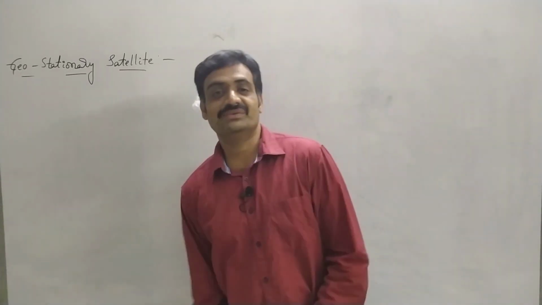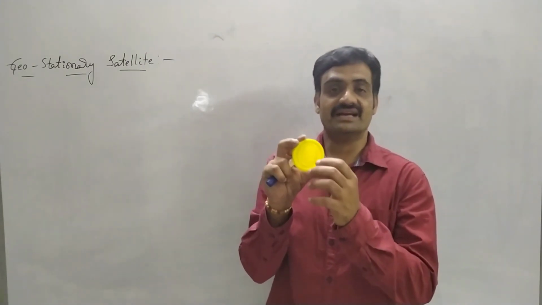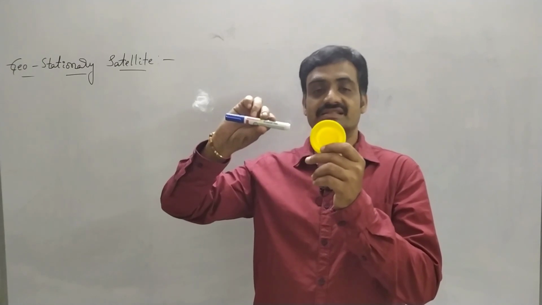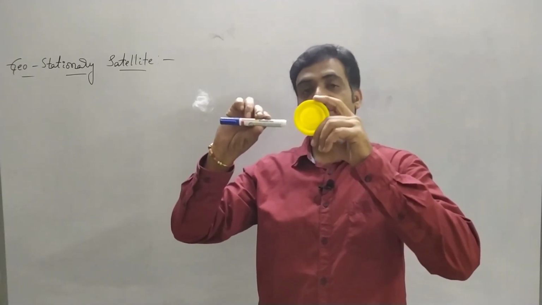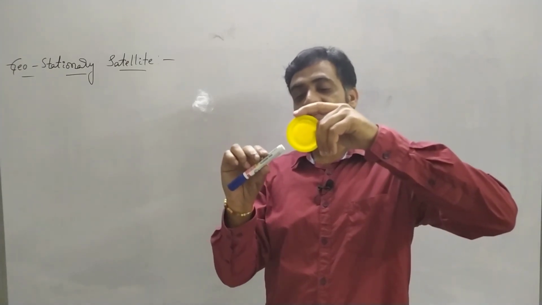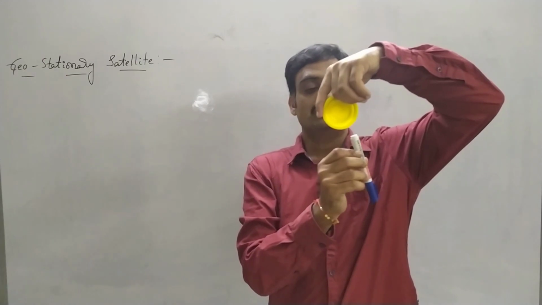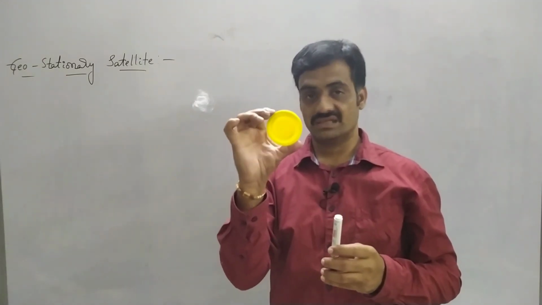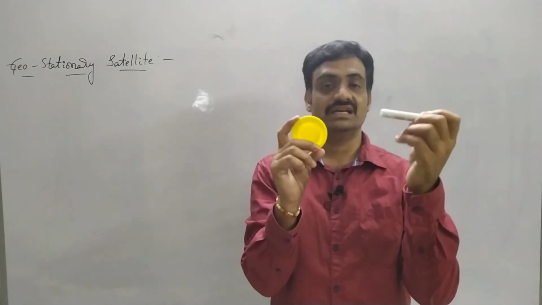Now we are going to discuss the geostationary satellite. If we consider this plate as earth, and this marker as a satellite, the earth rotates from west to east, and with respect to the rotation of the earth, the satellite also moves. So the angular speed of the earth is equal to the angular speed of this satellite.